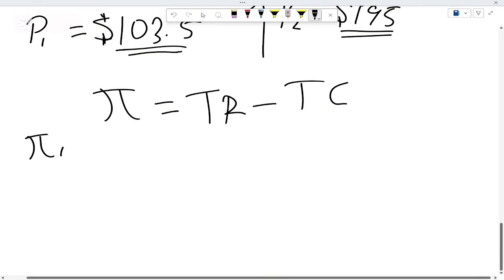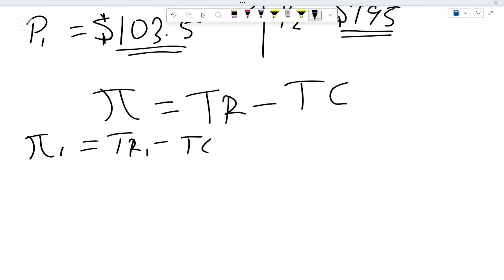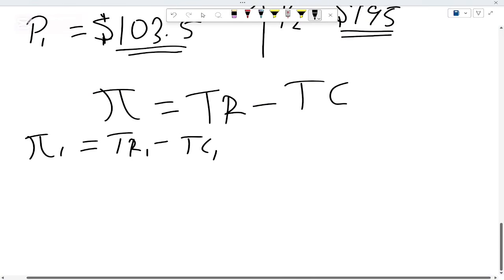The first market will be pi 1 equals tr1 minus tc. They are the same, whichever one you use. Let's use tc1.